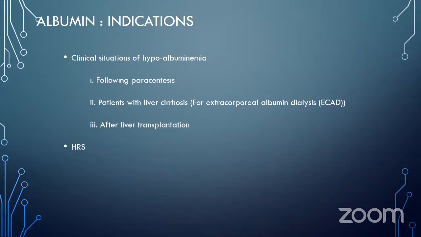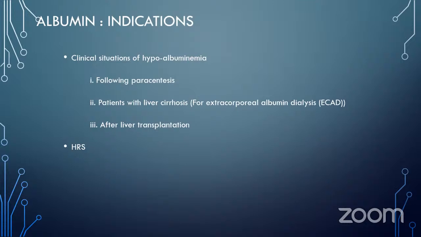And as far as fluid resuscitation of choice is concerned, the Surviving Sepsis guidelines say that it can be used as a fluid of choice after the early phase, that is after 48 to 72 hours of early resuscitation with crystalloids. If you think the patient can take some fluids, you can try albumin after 48 to 72 hours.